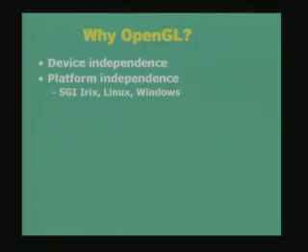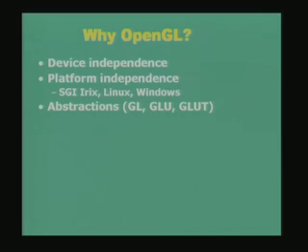Device independence talks about interoperability from one device to another in terms of device components of a system, whereas platform independence talks about interoperability over various platforms. You want the program to seamlessly hop from one machine to another and work straight away if possible. So, these are the two factors which dictate why you want OpenGL.